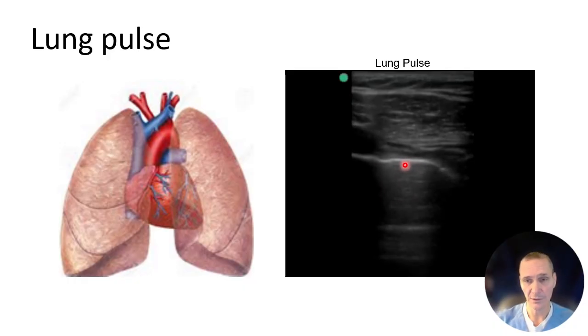This is telling you, and this is only going to be found generally on the left side, that it takes an inflated lung to transmit the movement of the heart up here. So if you see lung pulse, this is also telling you that that area that you're looking at is up and there is no pneumothorax there.